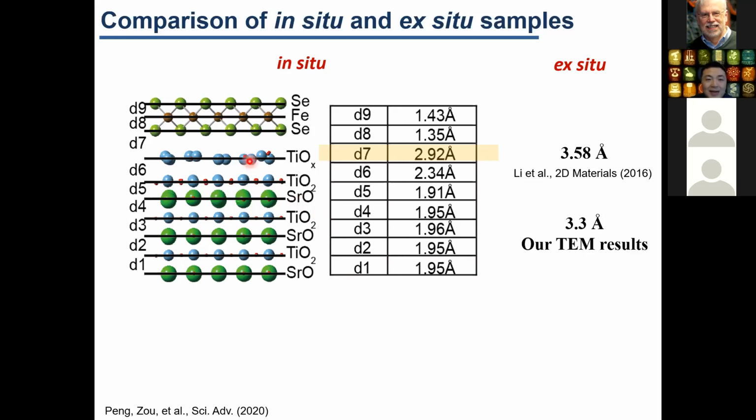One more point I want to add is something people may overlook. If you look at D9 and D8, which are the distance of the top selenium to the iron and the distance of the bottom selenium to the iron, they're actually quite different, 1.43 and 1.35. So in other words, the inversion symmetry in the iron selenide monolayer itself is actually broken.